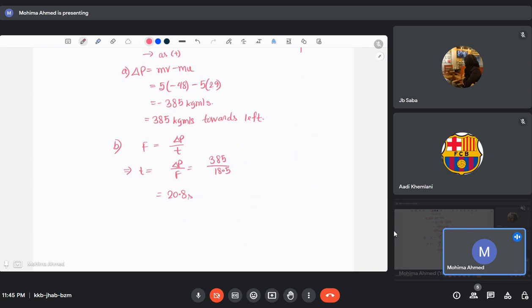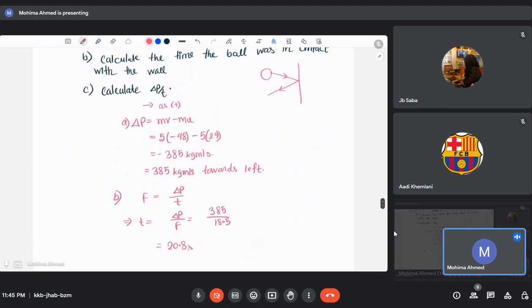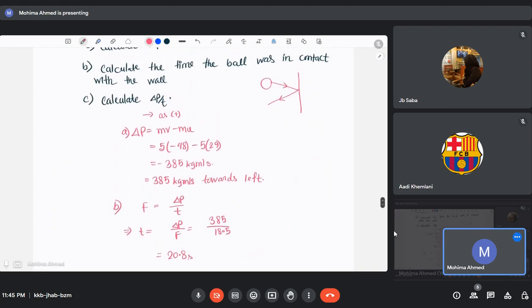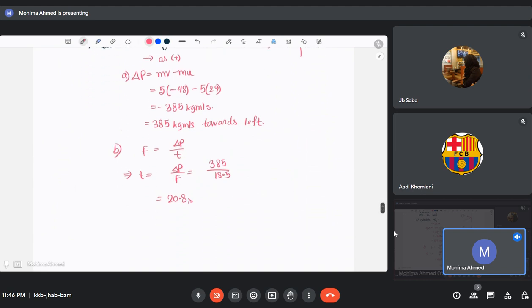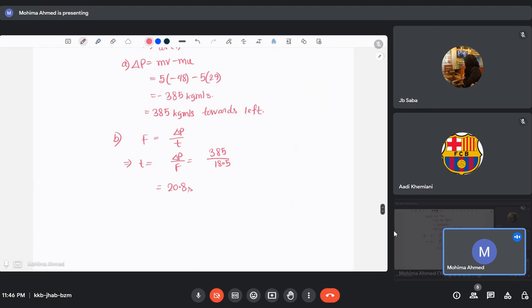Okay, so the final time is 20.8 seconds. And again, they want you to find out the value for delta P over T, right? Calculate delta P over T. You do not need to do any calculations. We know that rate of change in momentum is equal to force, right? So if force was 18.5, there is no point in doing calculations. This was just a conceptual question: if force is 18.5, then rate of change of momentum will also be the same value, 18.5.